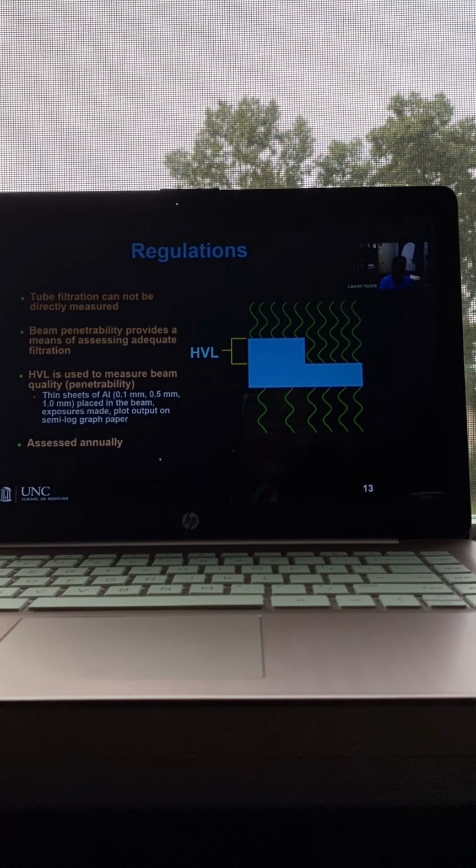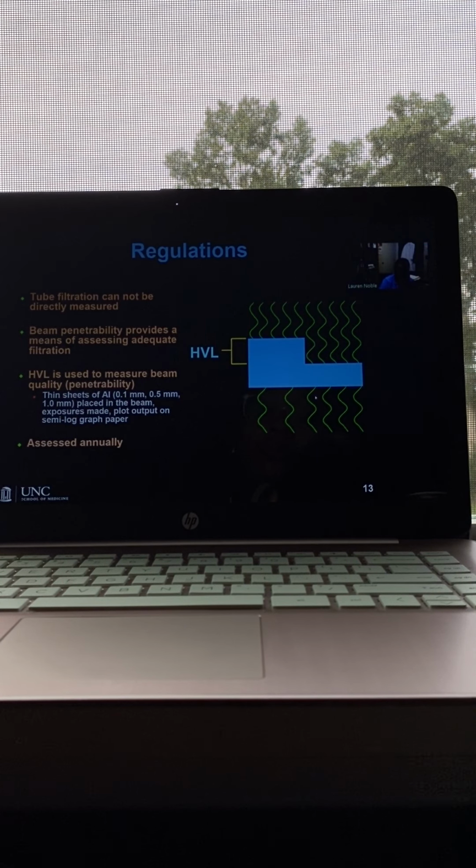What they're looking at with a half value layer is, half value layer means what thickness of material will reduce the beam to 1/2 of its original value. So basically, whatever this thickness is, this would be considered a half value layer, because notice the beam has been reduced to 1/2 of its original intensity.